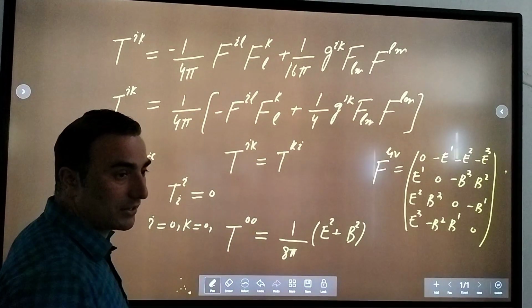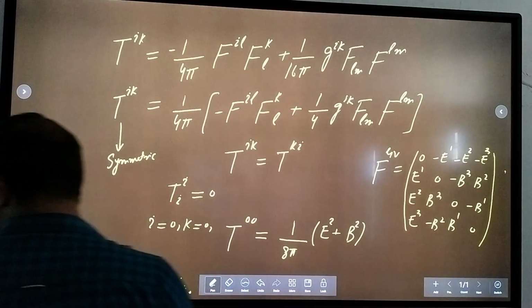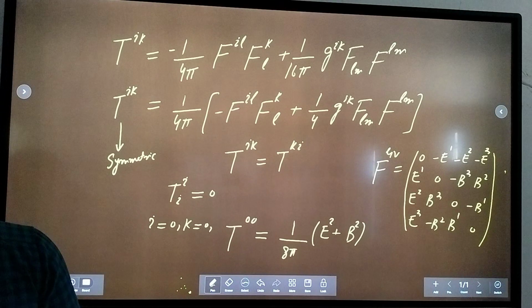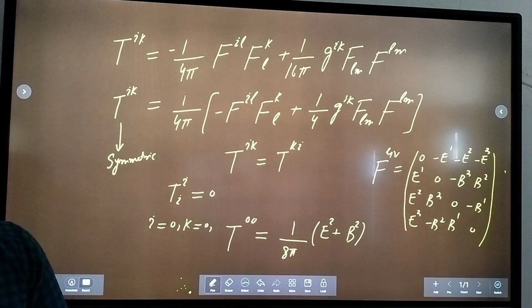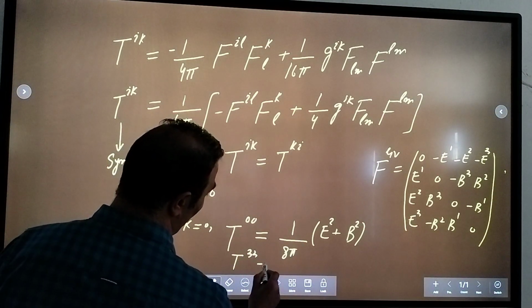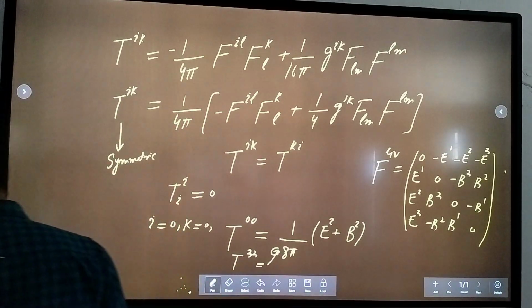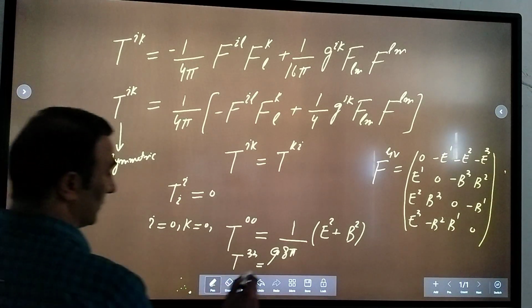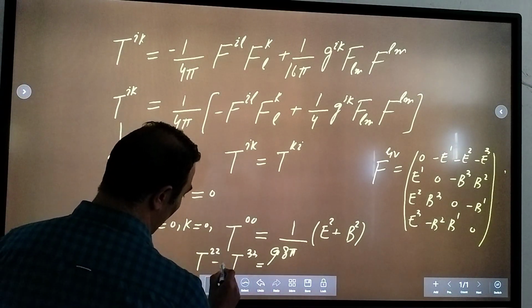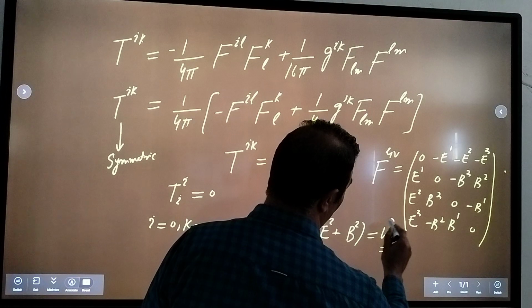This is nothing but the energy density of the electromagnetic field, right? If we put T33, that is i equal to 3, k equal to 3, this will also give the same result. And if you put T22, this also corresponds to W. So whichever value, that will be equal to the energy density of the electromagnetic field, right?